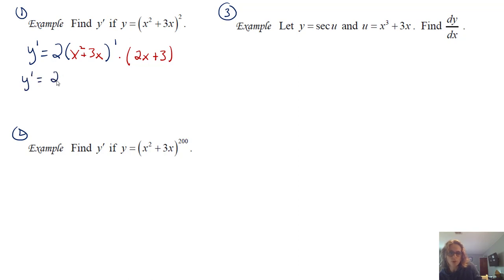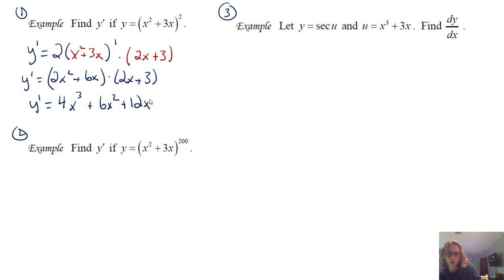Okay, so this is 2x squared plus 6x times 2x plus 3. And we're just going to multiply this out. And I'll show you, this is not something we always have to do. Again, I'm really just trying to show you that this does work here. That either way is going to get you the right answer.